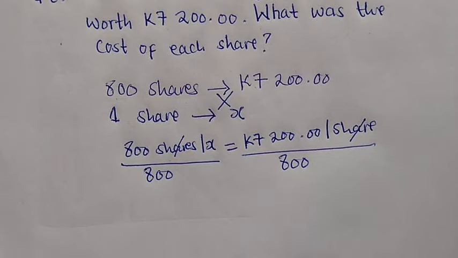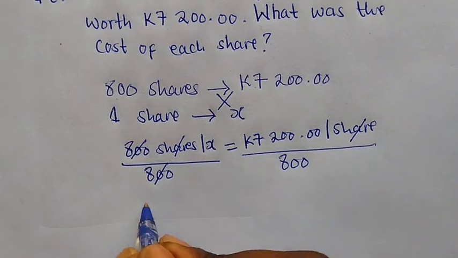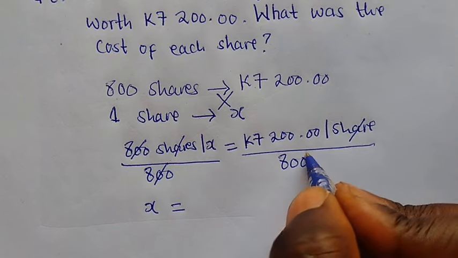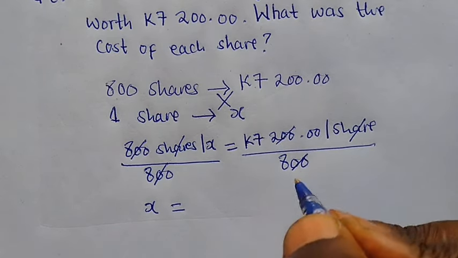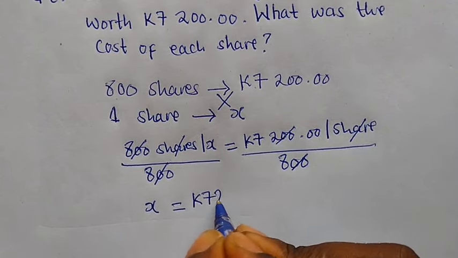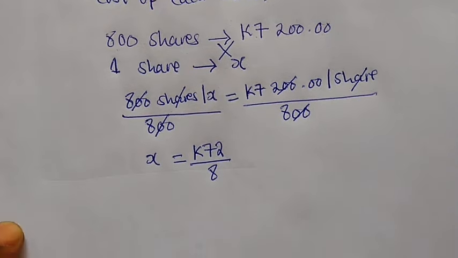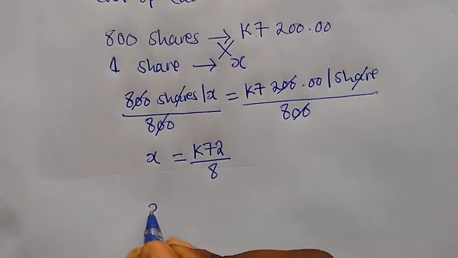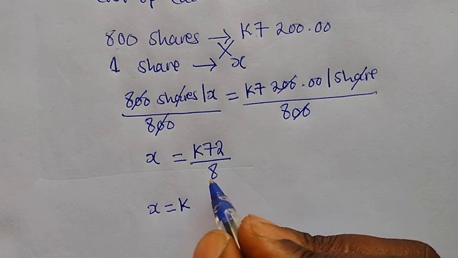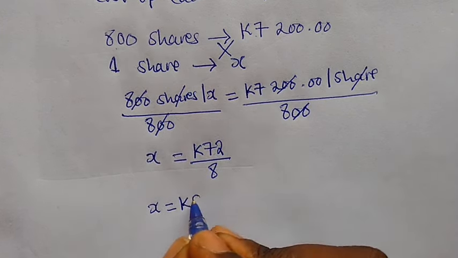Then from here we are going to cancel this 800 and this 800, remain with x equal to, then we can cancel the 2 zeros with these 2 zeros. So we have 72 kwacha over 8. So here it now becomes very easy. Just say x is equal to, 8 into 72, it is 9 many times.